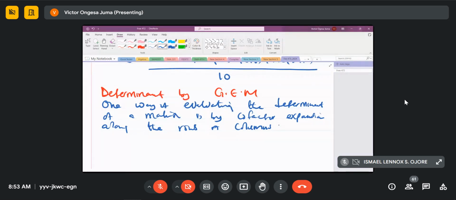So who knows how to split names randomly into groups? Lennox can do that, Lennox or Joel. Oh, Lennox is an expert. Where is Lennox? You can do this, right?